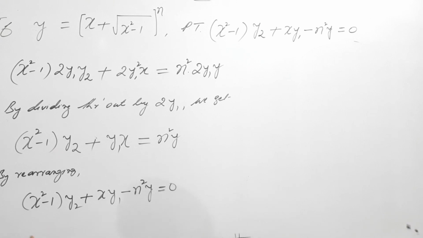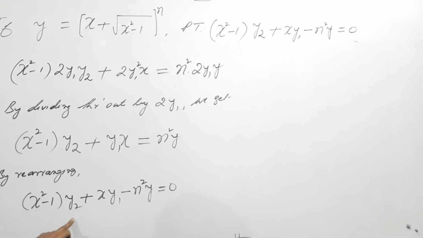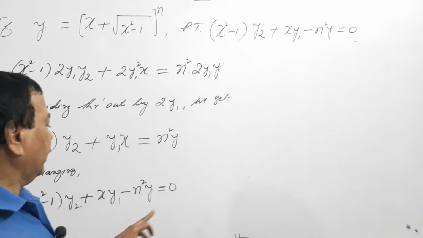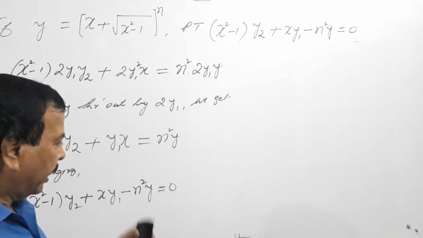What do you want? x square minus 1 into y2, yes, we got it, plus x y1 minus n square y equals 0. We got it? Hence proved.